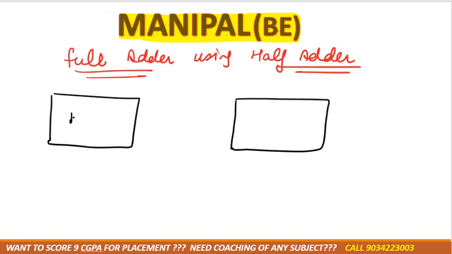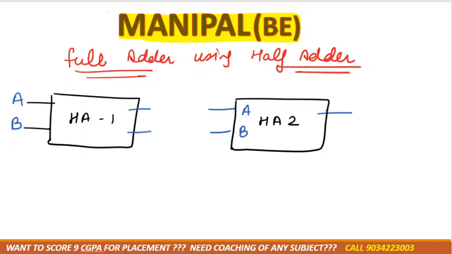This is half adder 1, this is half adder 2, right? In the input of the half adder, you will provide two inputs. One of the input is A, another of the input is B. Similarly, half adder 2 also will have two inputs, and two outputs, correct? One of the output is sum and another is carry.